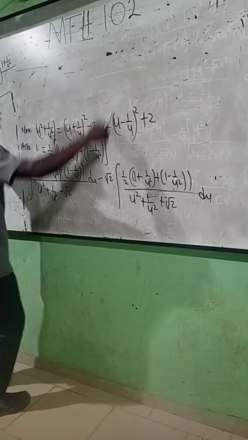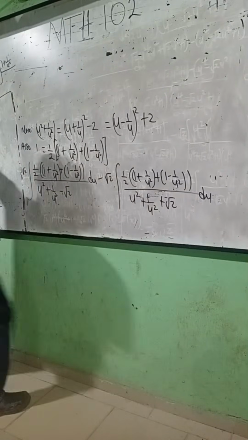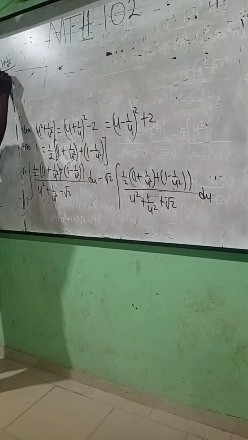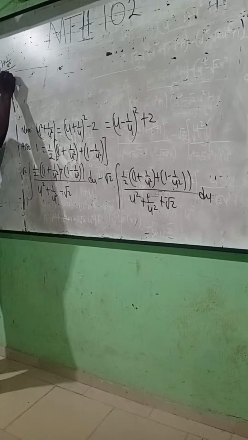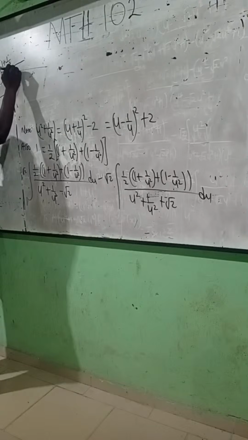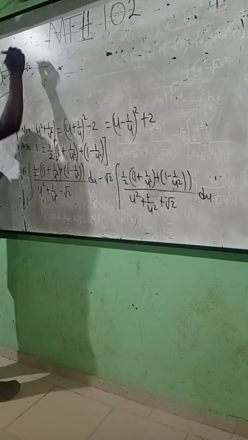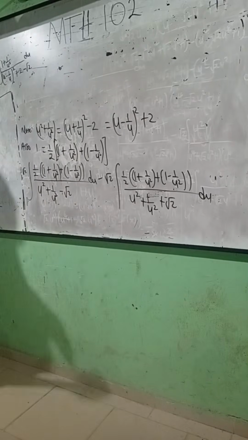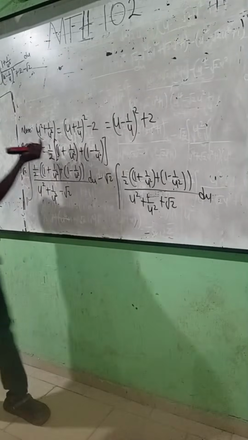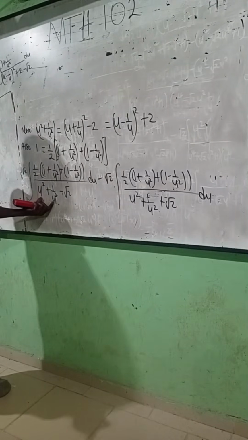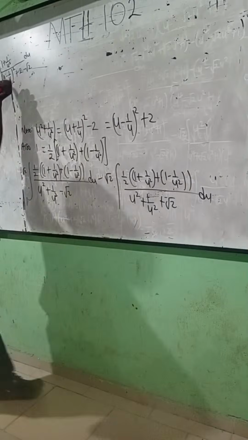This will be u minus 1 over u all squared plus 2 minus root 2 du. Are we together? This guy is this, and we already said it's equal to this. So instead of writing this, I wrote this there.